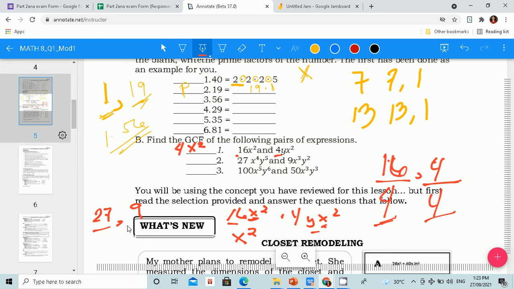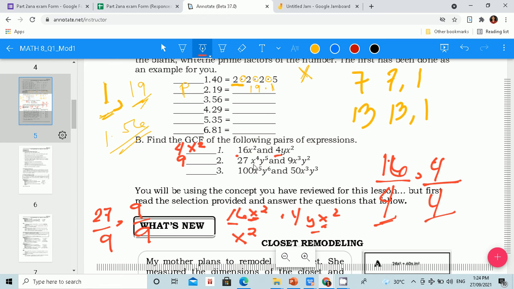Can we divide 27 by 9? Yes, okay. Yes, we can divide that one. And what about 9? Yes, we can divide 9 by 9. 9 divided by 9 is 1. So 9 can be divided by 9. So we have the GCF. Okay, the greatest common factor is 9.